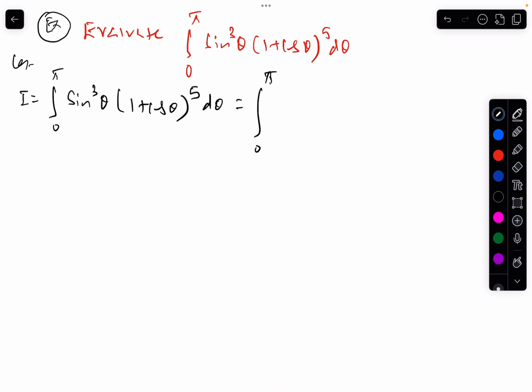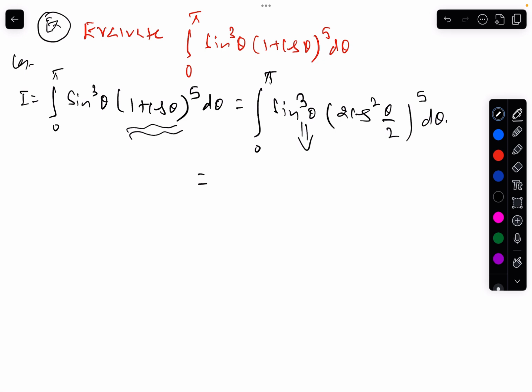So this we can write as, we use the formula 1 plus cosine theta is 2 cosine square theta by 2, power 5 d theta.